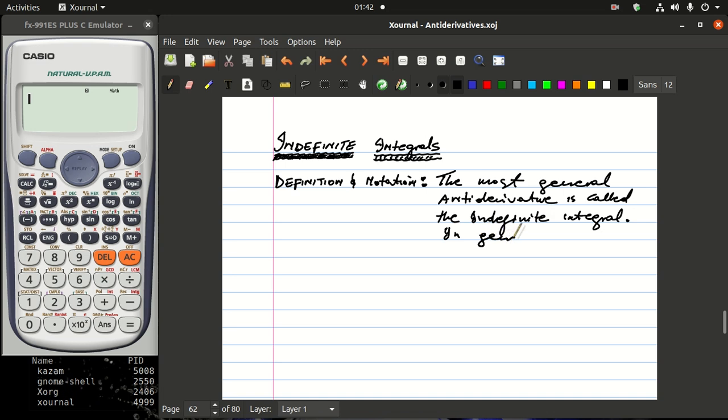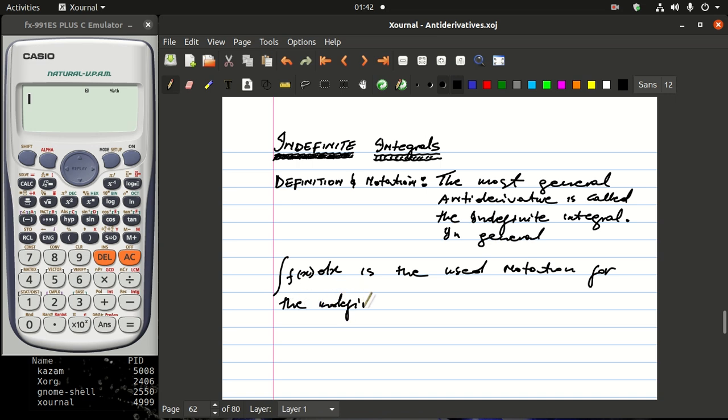In general, let me start writing here. If I'm having f of x dx, this one here is the used notation for the indefinite integral of f.